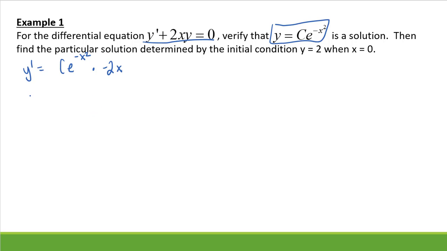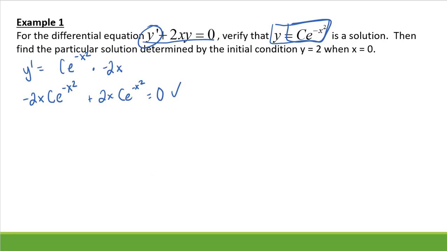So I plug in negative 2x c e to the negative x squared. That was the y prime that I'm plugging in, plus 2x times y. What's y? Y is this quantity here, c e to the negative x squared. I have two of the same terms, I'm subtracting them, so I get 0. So yes.